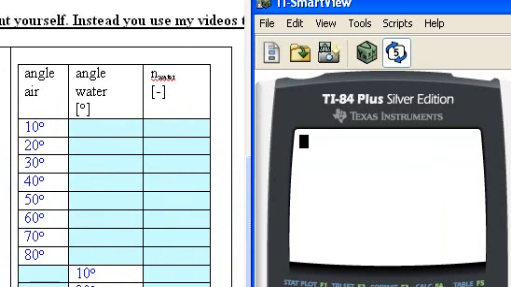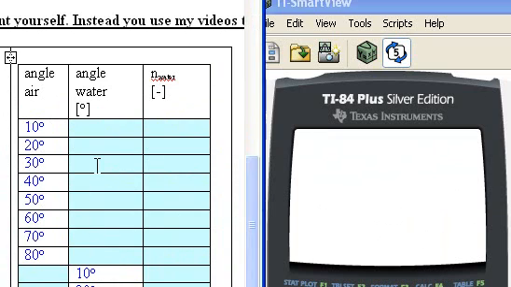So here's the water. I measured on 30 degrees, for example, 22 as being the refracted angle, and on 40 degrees I'm measuring 28 degrees.